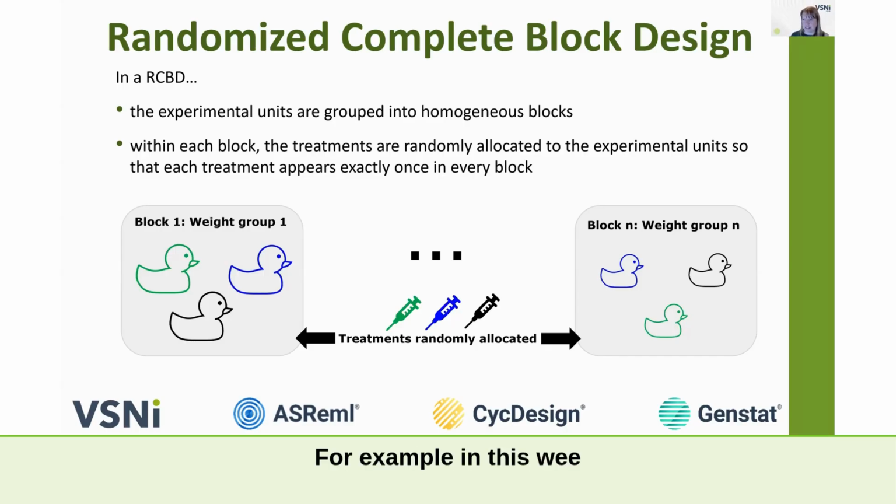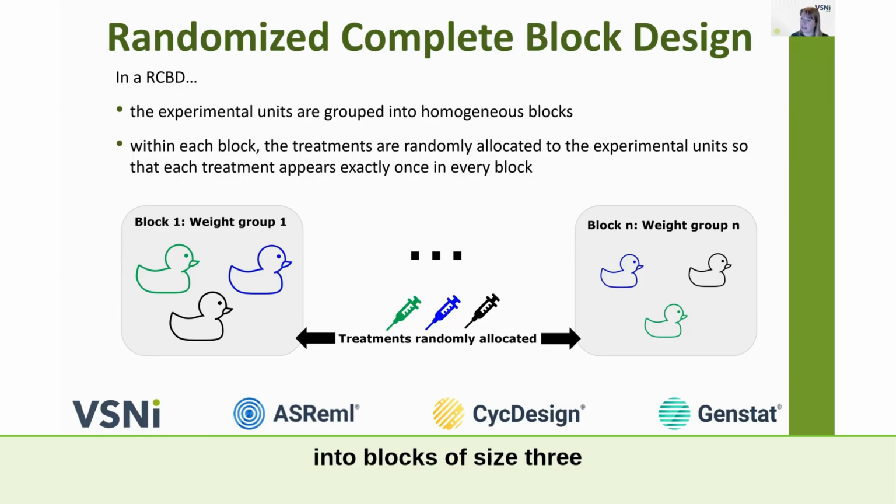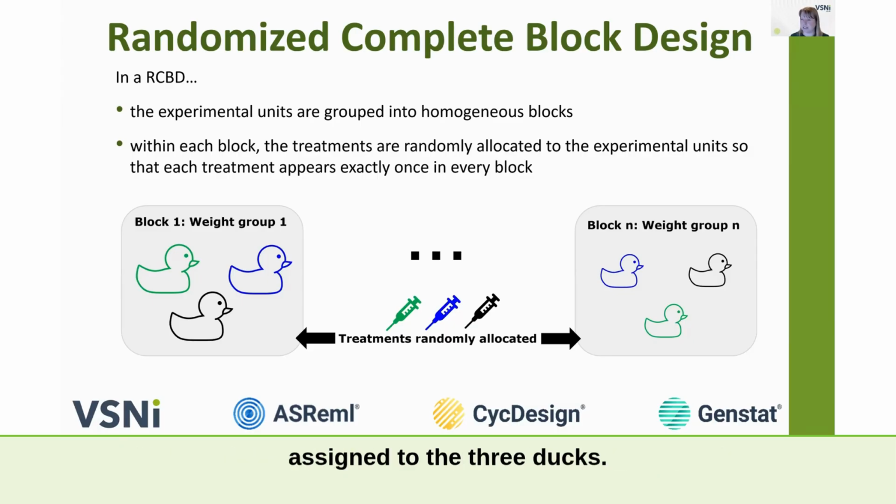For example, in this little illustration on the slides, we've got 3 treatments. The test animals, ducks, have been grouped into blocks of size 3 based on similar weight. And then within each block, the 3 treatments have been randomly assigned to the 3 ducks.